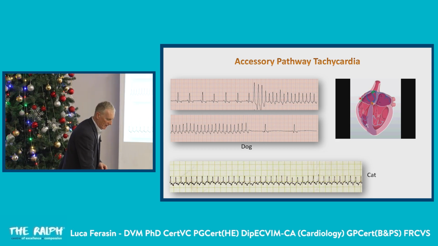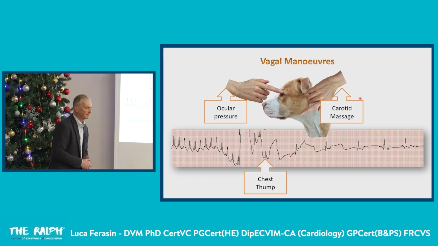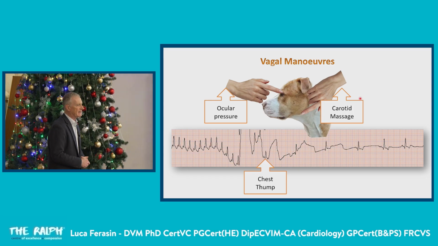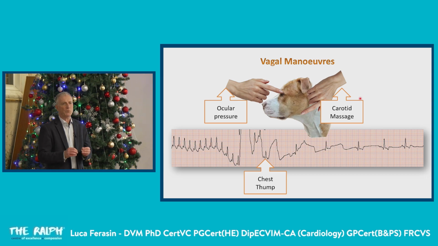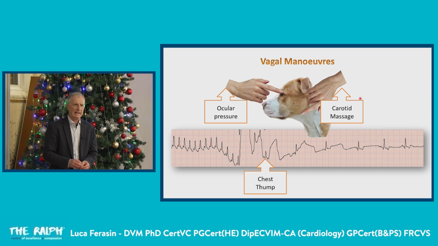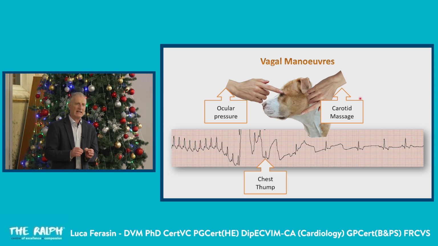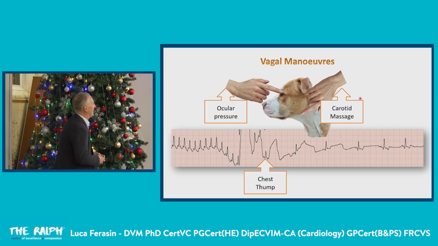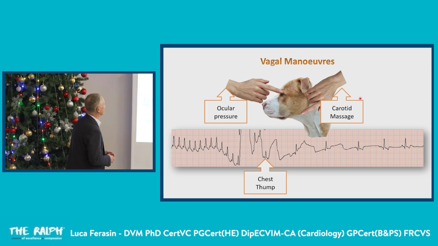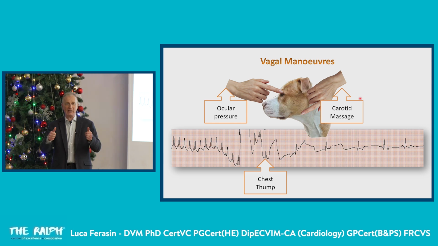Right, we mentioned the vagal maneuver. Vagal maneuver basically is a technique that we use to increase the vagal tone and to see whether we can interrupt the tachycardia. Because if we are successful, the interruption of the tachycardia will tell us, in the majority of cases, which type of tachycardia we're dealing with. And the easier one is the ocular pressure, so you press on the eyeballs.